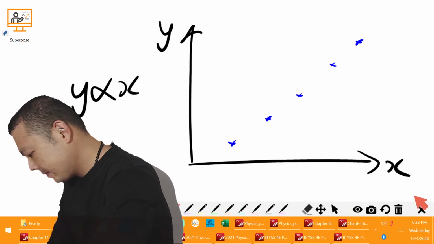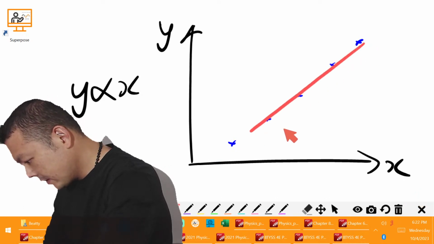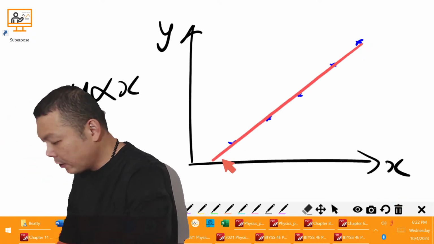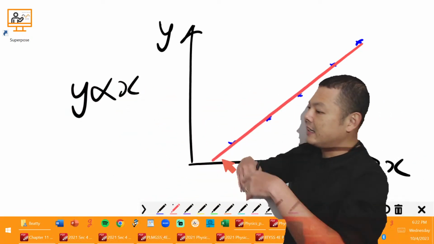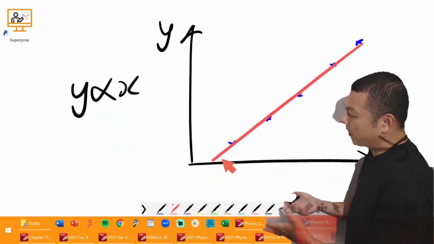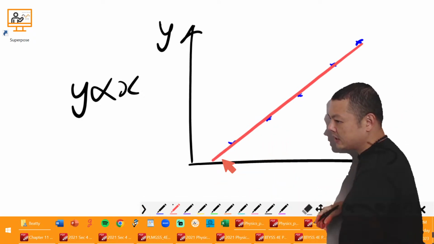But if they say to force it across the origin... No, they didn't say. Oh, then just draw it according to the data. No, but they said it's understood that the relationship is directly proportional. Then when you plot your data points and realize your line of best fit will not pass through the origin, what do you do?